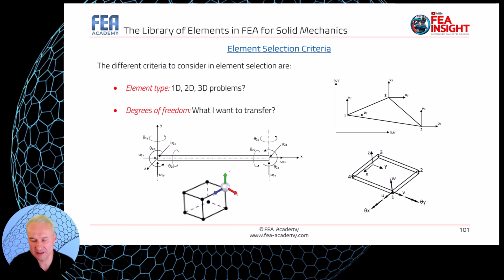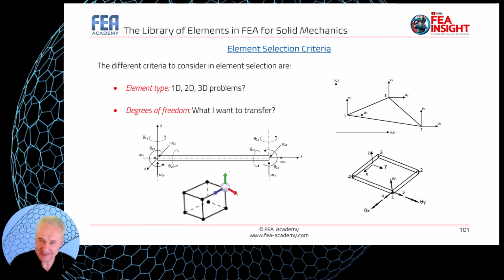For shell, it can be 5 only. It depends on your solver. The advantage of rotational degrees of freedom is that they allow for the modeling of effects across the element, such as bending, through the rotation of a node relative to another.